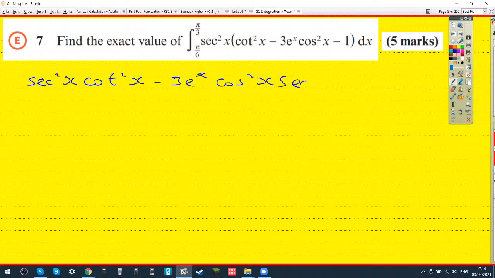Okay. So let us now change everything into sine or cos. For example, tan is sine over cos. So what could everything be written as in terms of sine or cos?